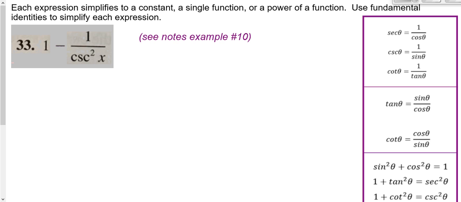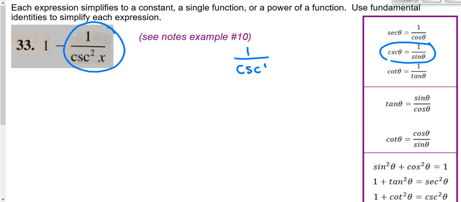Okay, so cosecant squared x is the reciprocal of sine squared x. Okay, so we could think of it like this. 1 over cosecant x is equal to sine x. So then if we square it, that means we have 1 minus sine squared x.